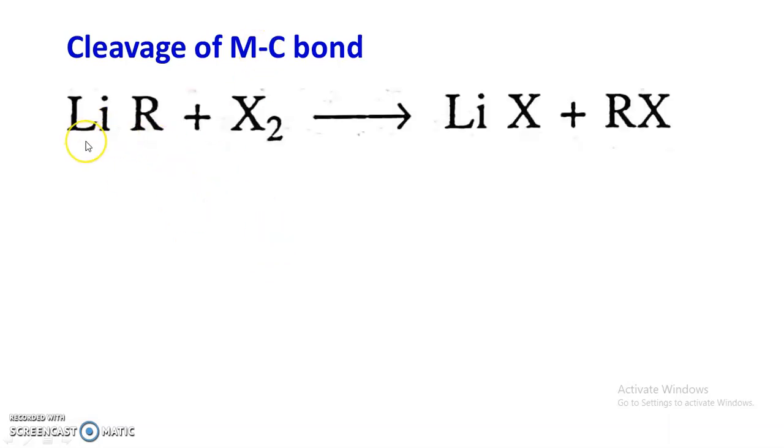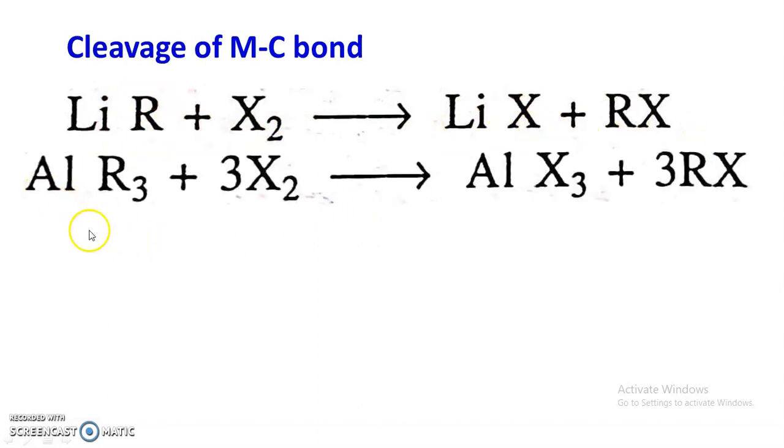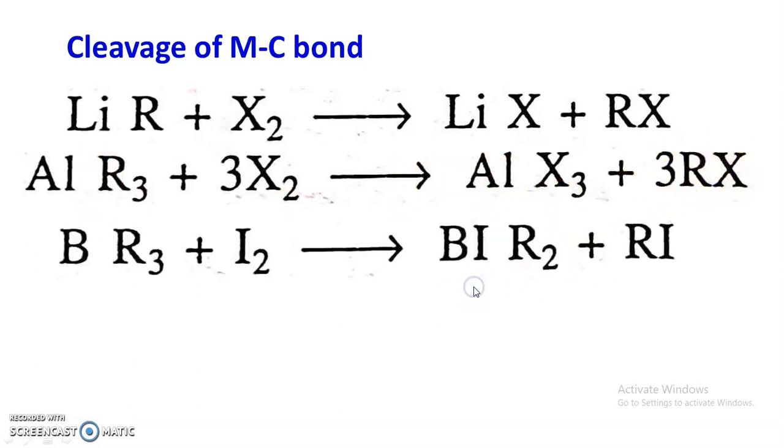For example, when alkyl lithium is treated with halogen, that is X2, there is a replacement of the alkyl group by halogen, and we get LiX and RX. Similarly, trialkyl aluminium, when treated with halogen, there is a breaking of the metal-carbon bond and we get aluminium trihalide, and at the same time there is a formation of alkyl halide.